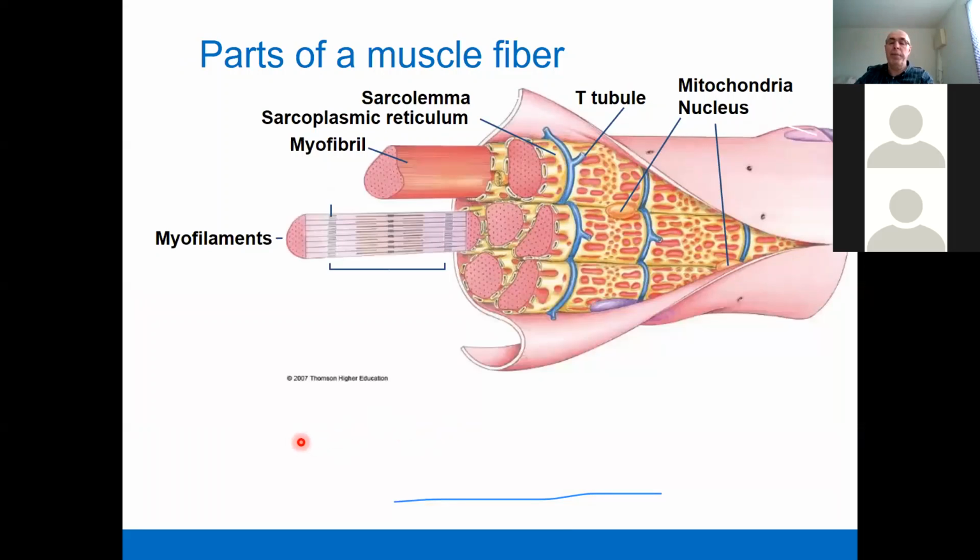Okay, here is a big picture of the same slice. We have myofibril, which is a bundle of the muscle cells, sarcoplasmic reticulum as the endoplasmic reticulum of myofibril, sarcolemma, the plasma membrane of the myofibril, and we have myofilaments, which are actin, thin filament, and myosin, thick filaments.